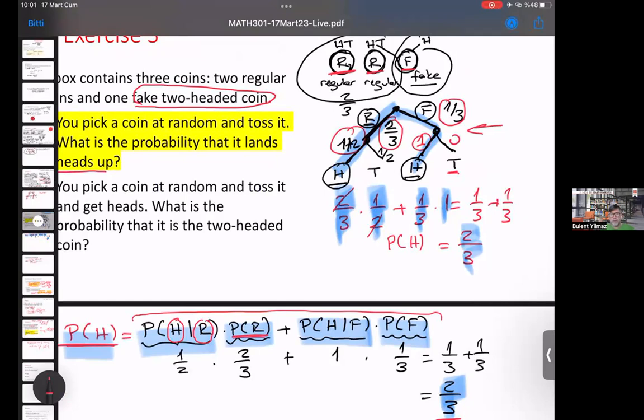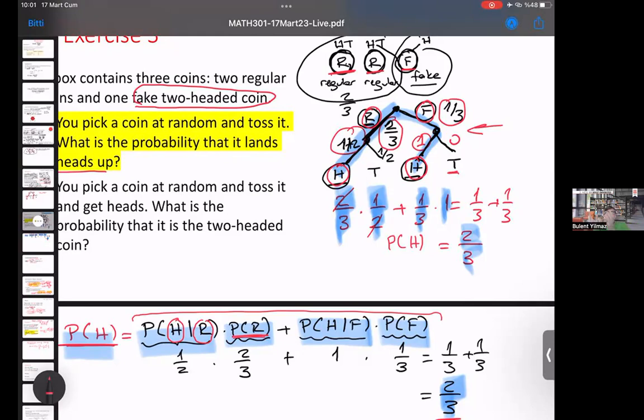But it is not over yet, right? Can we have heads when it's a fake coin? Yes. Can we have heads when it's a regular coin? Yes. I have to consider both conditions in order to find the probability of heads. That's why it's called the law of total probability.